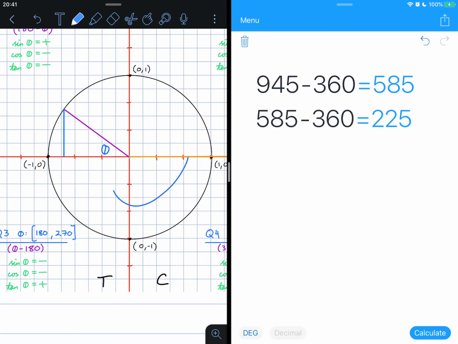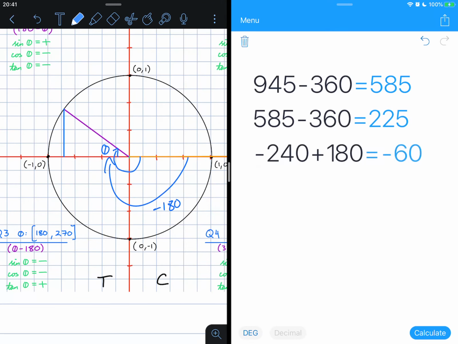Well, going this way is -180, and stopping here is -240. So -240 plus 180. That angle in between here is -60. So it's the same as if we were in this quadrant.